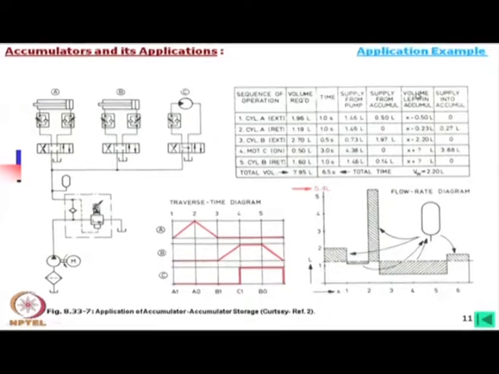The volume left in the accumulator was this much, but this is definitely higher than this one, so excess oil is going to the accumulator. Next we are extending B, requirement 2.70 within 0.5 time, again adiabatic, with 0.73 liter supplied from the pump and 1.97 liter from the accumulator.